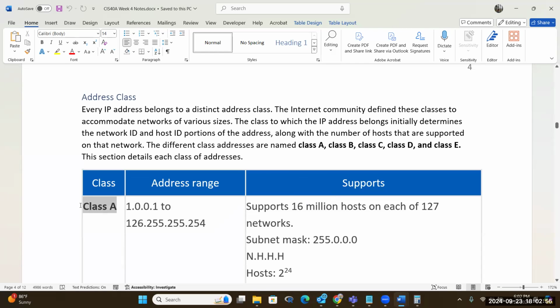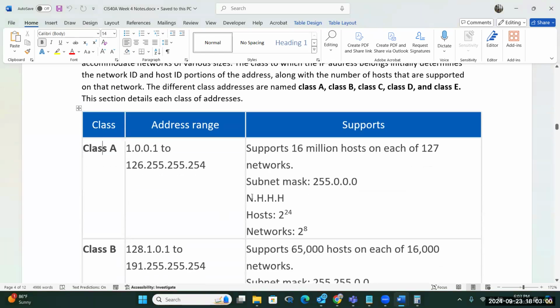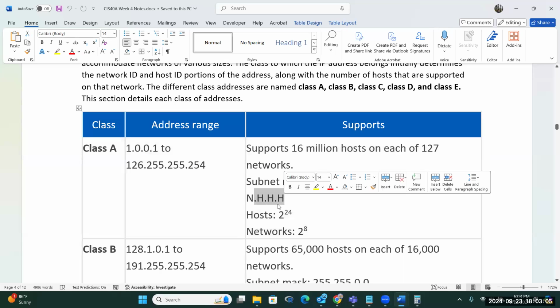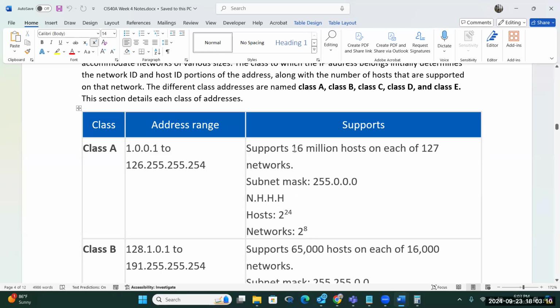So if it is a classful address, it is a class A. And class A has network, which is 255, and the hosts are zeros. That means it is approximately, rounding off, 16 million hosts. When you're looking at an enterprise network, 99.9% of the time, they use class A because it gives you the most connected hosts.